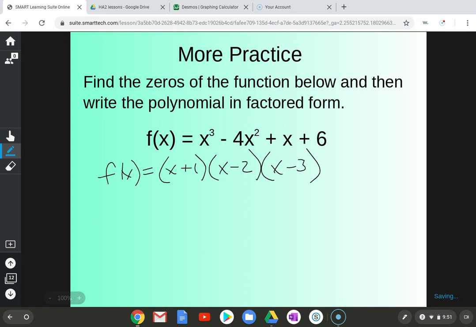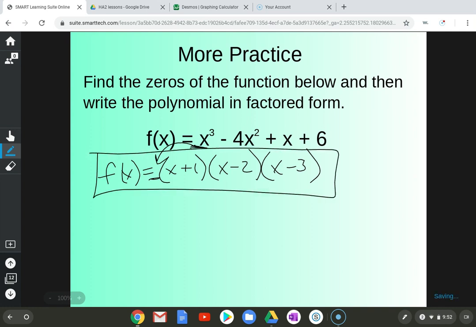Now, I'm not going to put an a in front because I have no a. My leading coefficient is 1, so it's going to stay as 1. Just to write it in factored form, if there was a number here, it would come down here, but there's an invisible number 1, but that's okay. So we just translate that down as a 1. So our final answer would just be this: x plus 1, x minus 2, x minus 3.